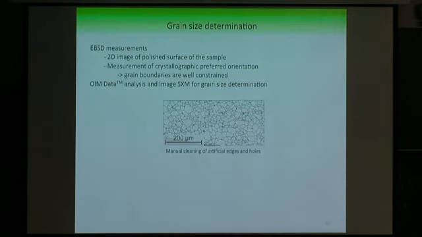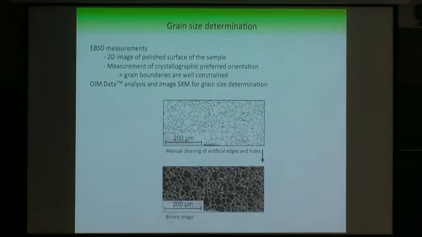I then manually cleaned the artificial edges and holes, because this technique is not automatic, unfortunately. So for each sample, I had to double check that all the artificial edges and holes were indeed gone. Then I created a binary image that I used in ImageSXM to get the surface area of each grain.